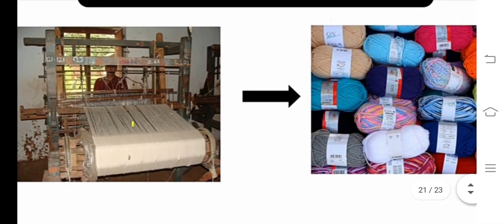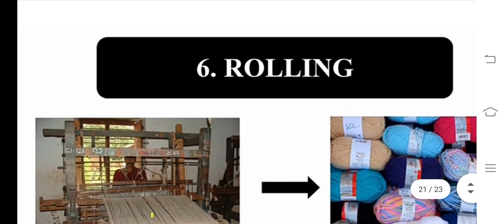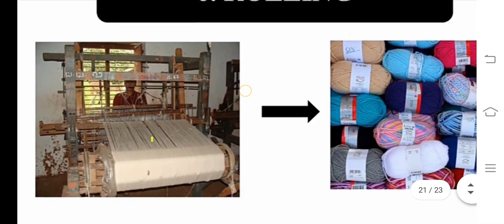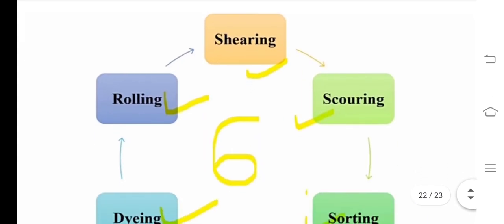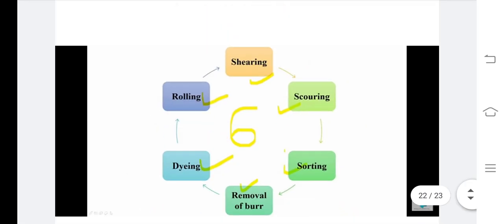Next is rolling, how they have done it: the rolling process by weaving and spinning, children. Clear? At last, children, once again I would like to recall all six steps. What is the first step to get wool?